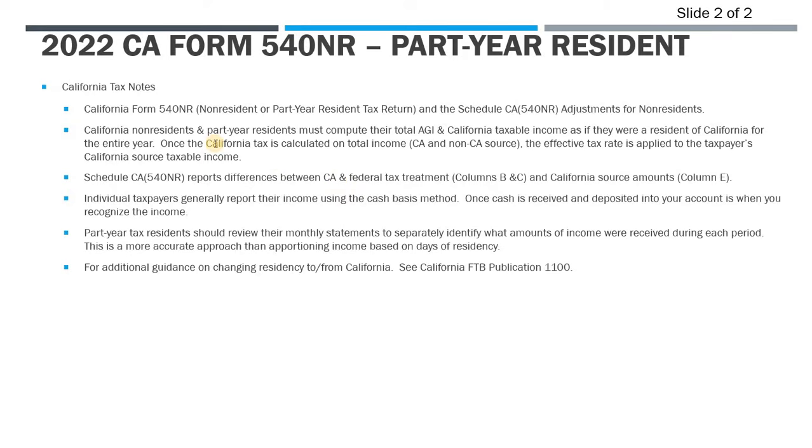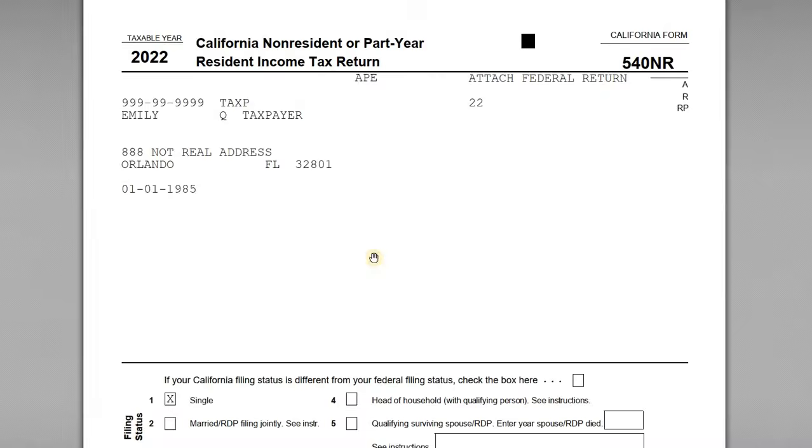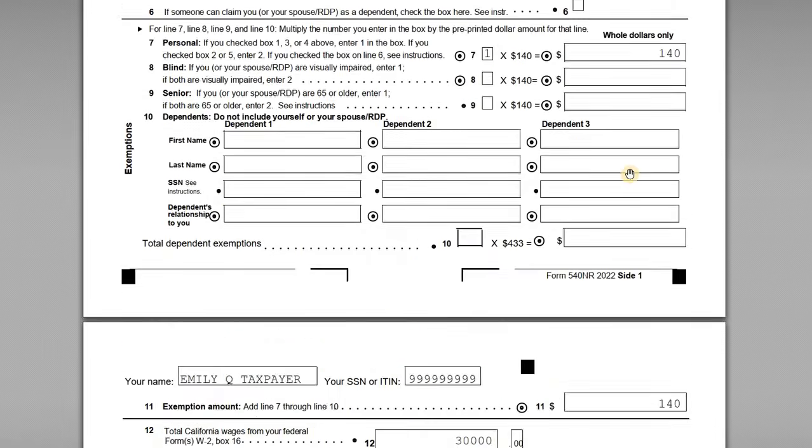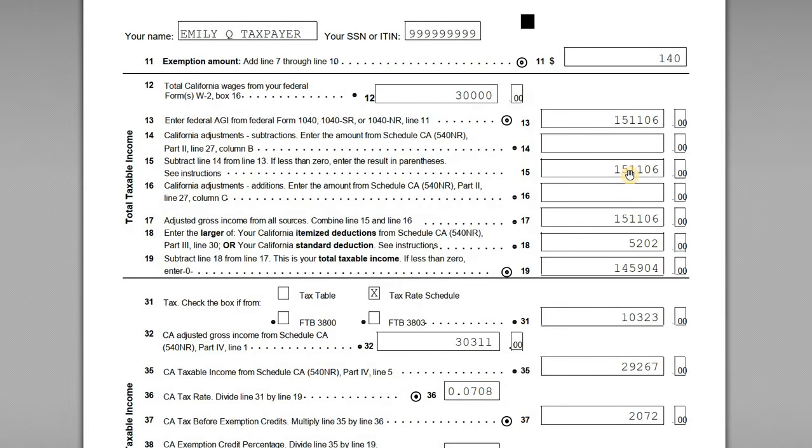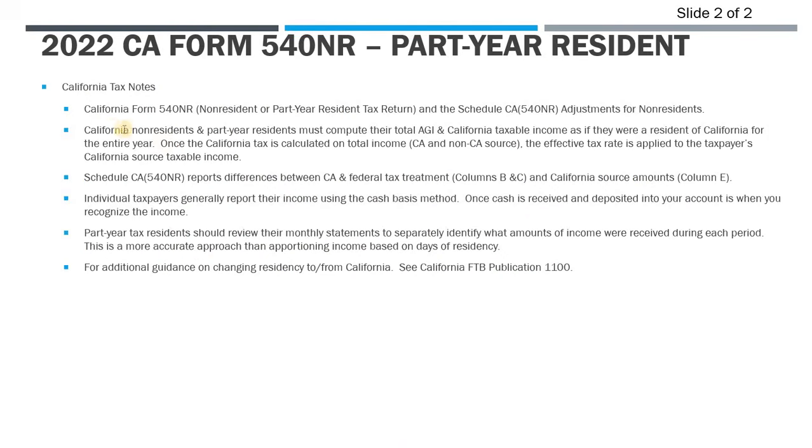Now, here's what's really important to remember. If we look at the return really quickly here, when you do your 540NR, you have to calculate your income as if you were a California resident the whole year. And then after that step is completed, then you can start to pinpoint, well, what's the California source piece? And then how do I impose the tax on that amount?